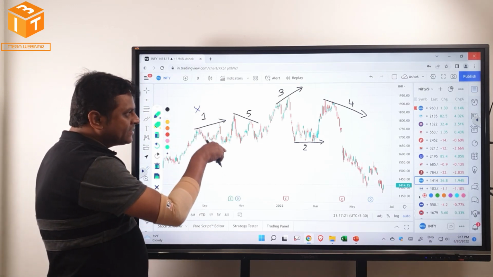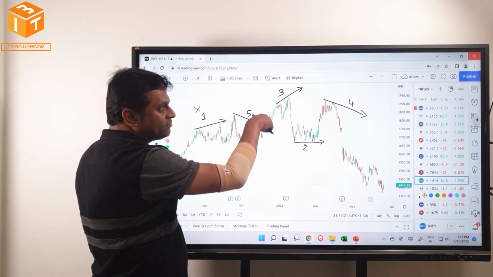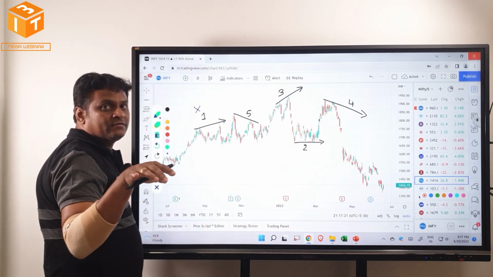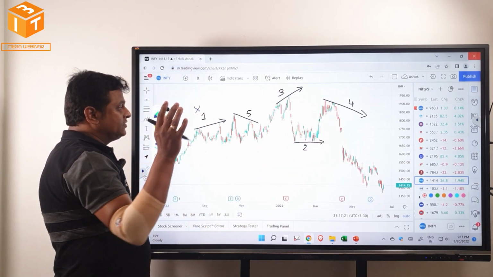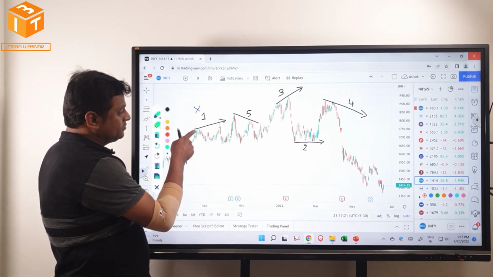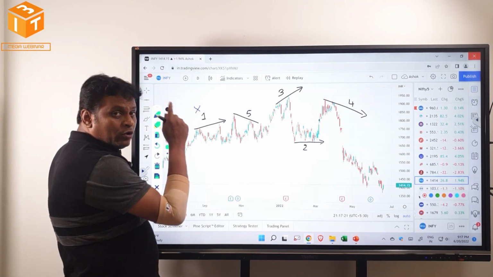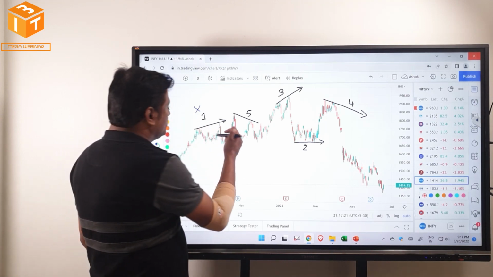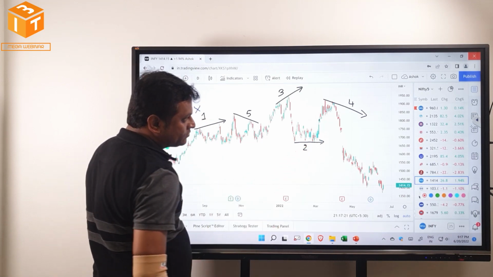Guess. Two peaks are there everywhere. Check H1, H2. H2 should be lower than H1. Is it lower? No. So this is not. Second one.